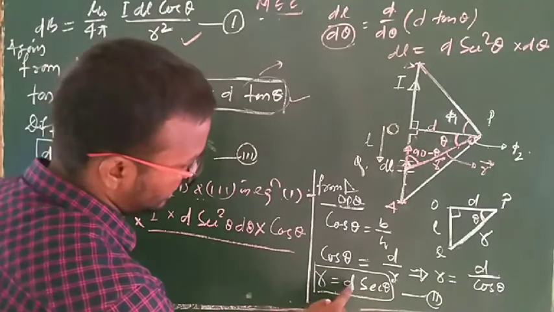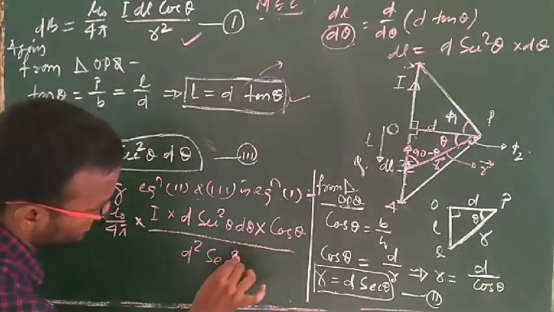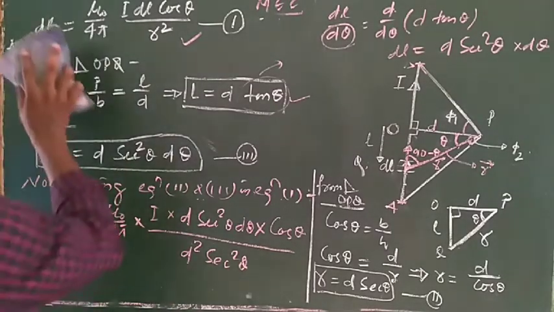This is r, d sec theta, so d square sec square theta. Clear? Now solve this relation.